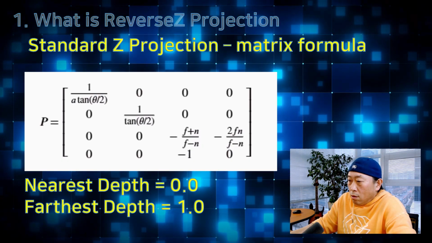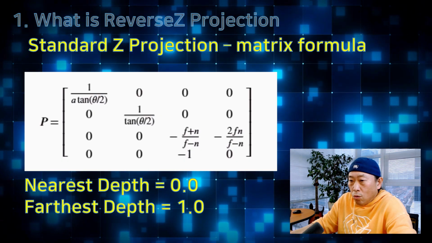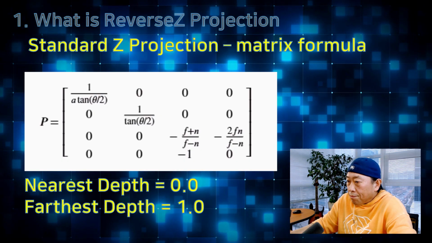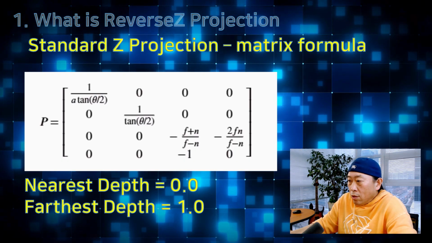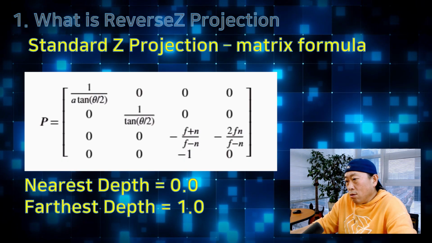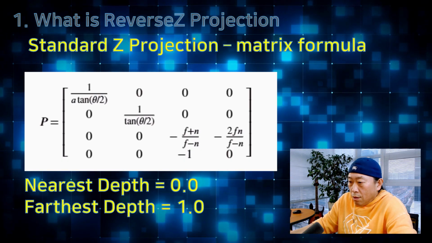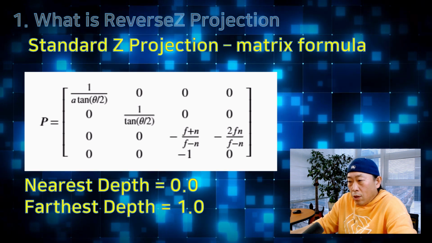There are many variations of the matrix depending on the graphics system. Transformation may be row major or column major calculation, so there can be variations of the matrix.